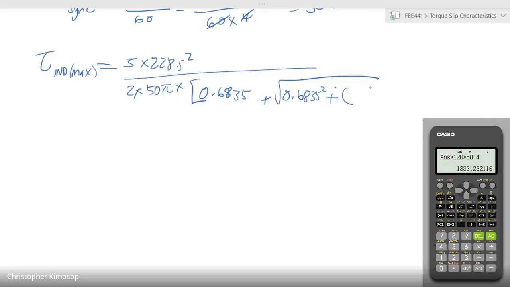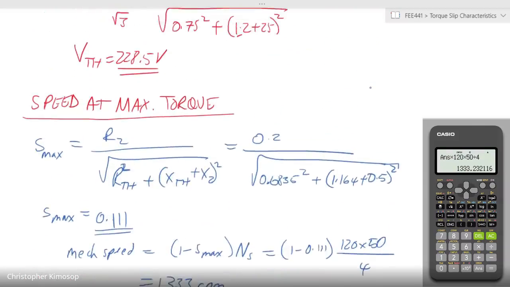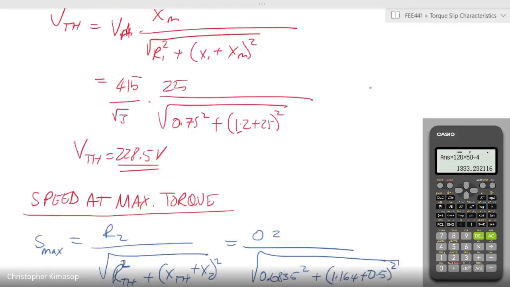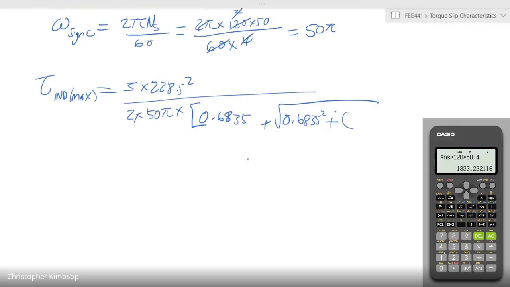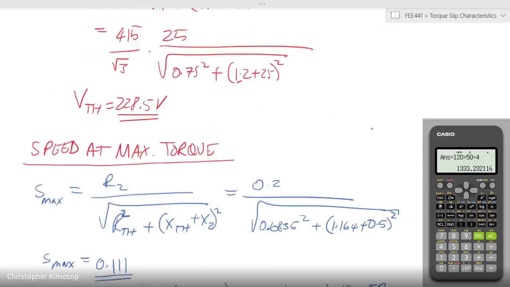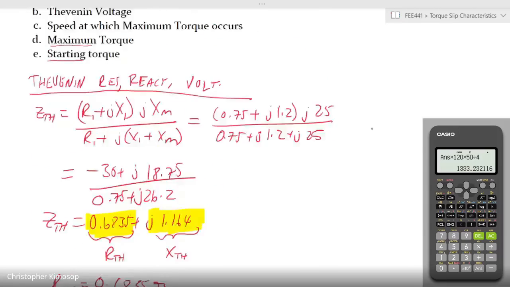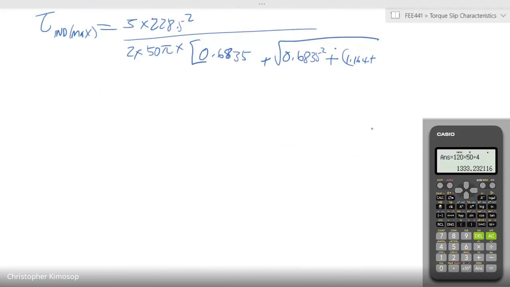X Thevenin was 1.164 plus X2 is 0.5, all squared. We calculate all that.